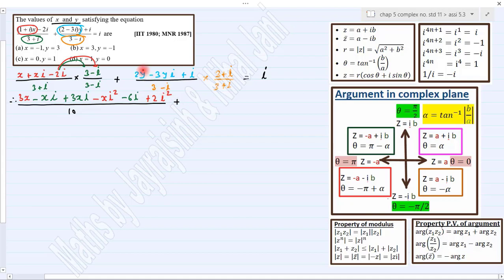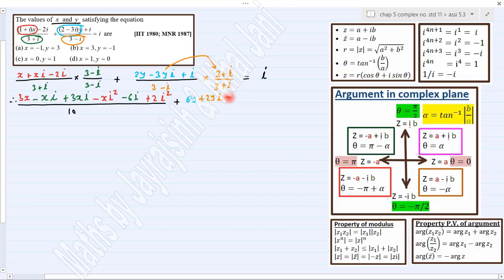Similarly, now let's simplify the second term. 2y multiplied with 3 will give us 6y. And 2y into plus i will give us 2yi. Now minus 3yi into 3 will give us minus 9yi. And minus 3yi into i will give us minus 3yi square.